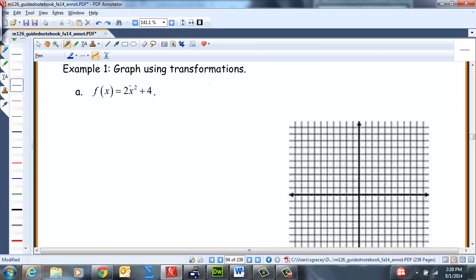So your first one would be y1 equals x squared. And then your second one would be y2 is 2x squared. And then your third and final graph, we'll do in red, would be y3 is equal to, actually not y3, but it would now be our function, is equal to 2x squared plus 4.